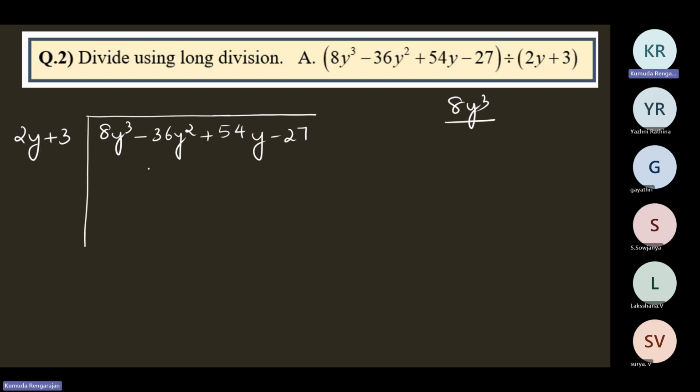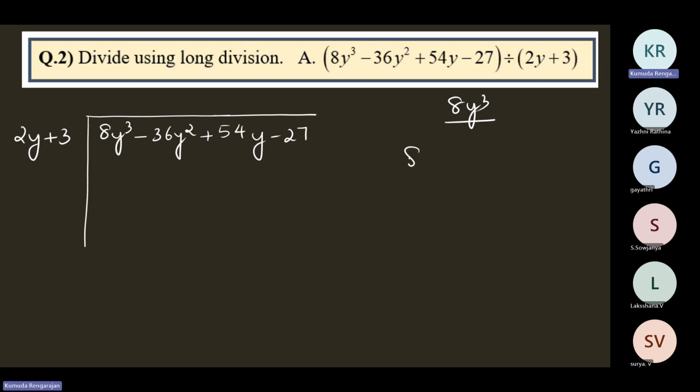Before that, we need to make sure that the terms in the dividend and the divisor are arranged in the decreasing order of the powers of the variable y. The variable involved is y. The terms must be arranged in the descending order of the powers of y: y cubed, y square, y, and then the constant.